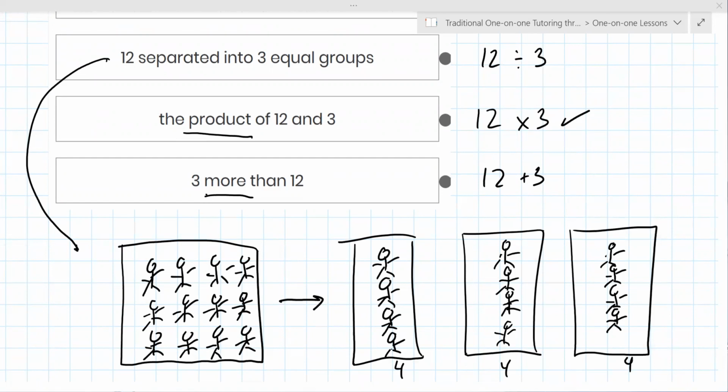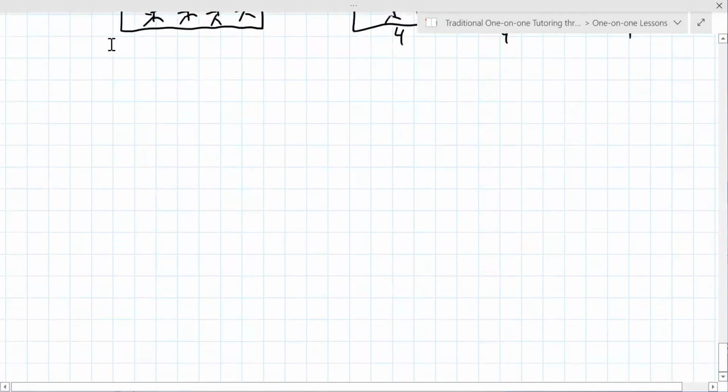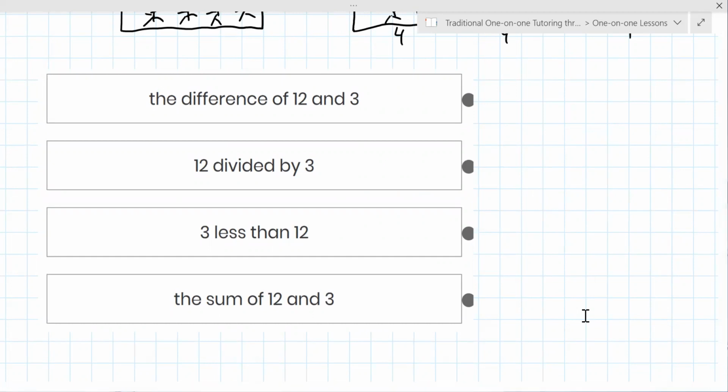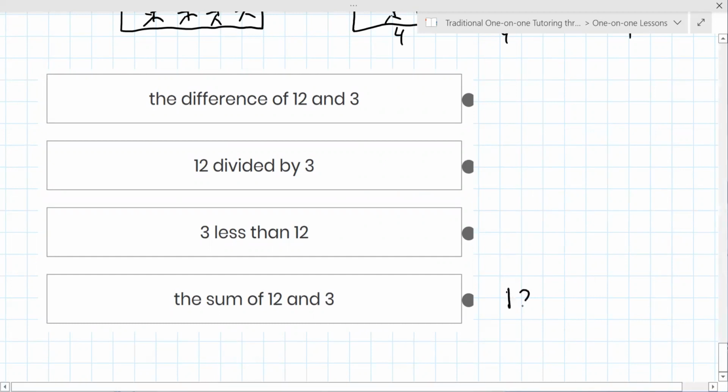Okay, let's look at 4 more and see if you've got these down. Look at any of these and tell me if any of them stand out to you, if any of them are obvious. The very bottom is sum, so that's add. 12 plus 3.